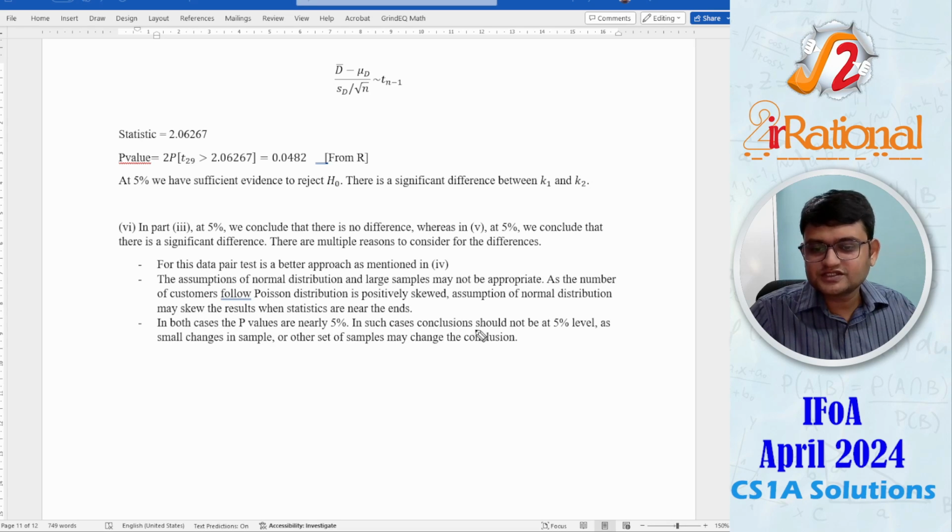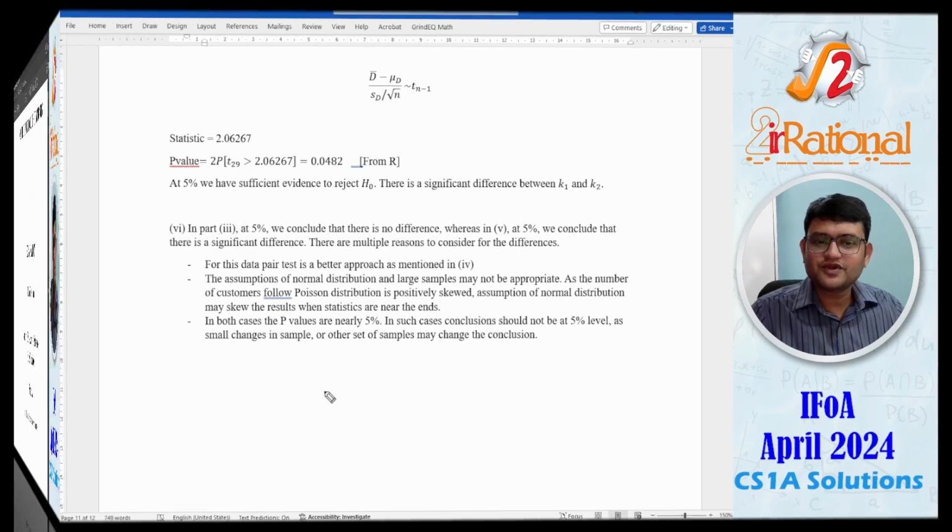In such cases, conclusion should not be at 5% level as small changes in sample or other set of samples may change the conclusion. We are saying that the statistic or the p-value in both cases are very near to the 5% mark. So the conclusion should not be done at 5%. It should be done at 1% or maybe 10% or some other percentage.